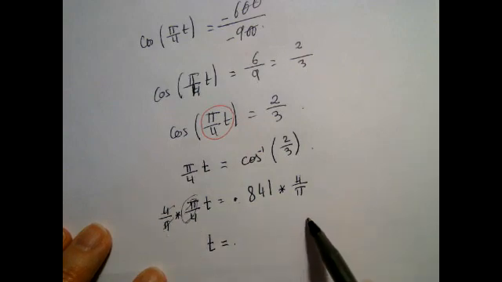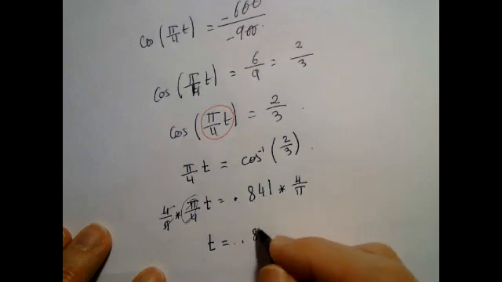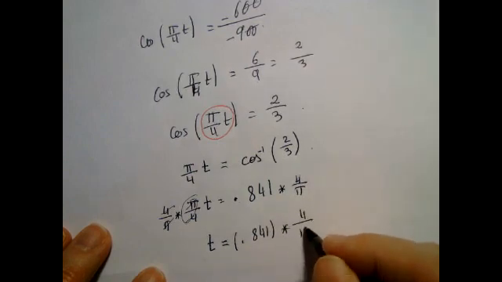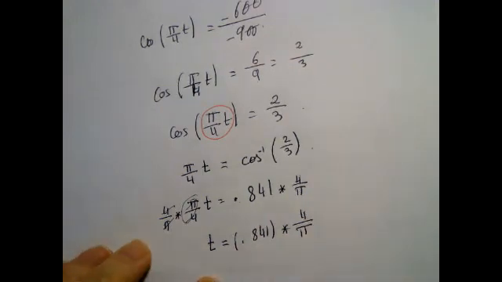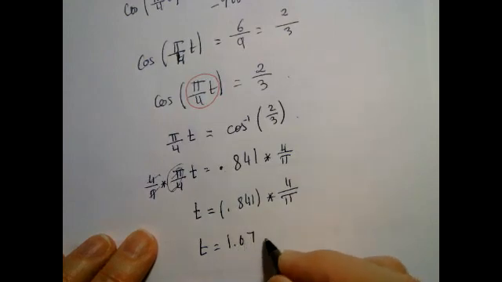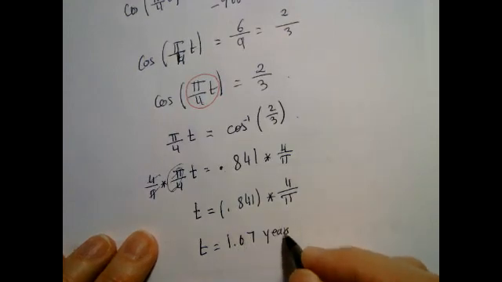This will isolate my t and I will get 0.841 times 4 over pi. And the rest is pure calculator. So I'm going to multiply by 4 over pi, and this is going to give me t would be 1.07. And the unit is years.